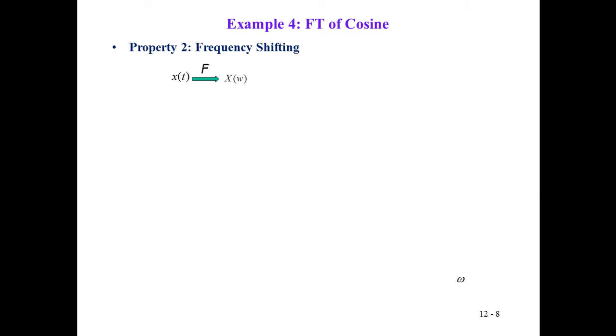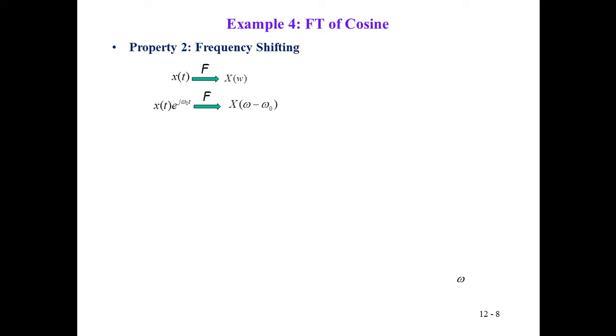Assume that we are given the Fourier transform of x of t as capital X of omega, and if we multiply the time domain function x of t by e to the power j omega 0 t, the Fourier transform of this modified signal is X of omega minus omega 0.